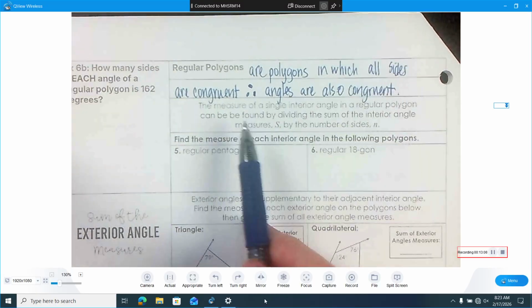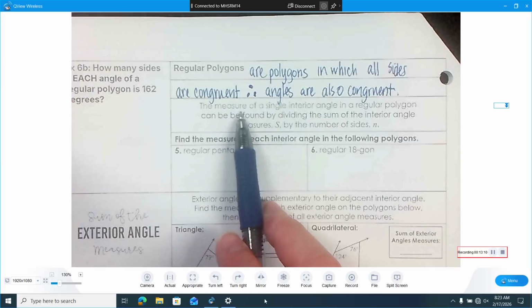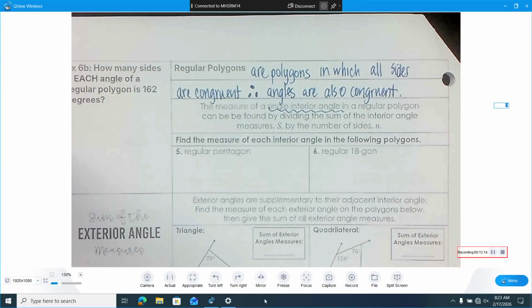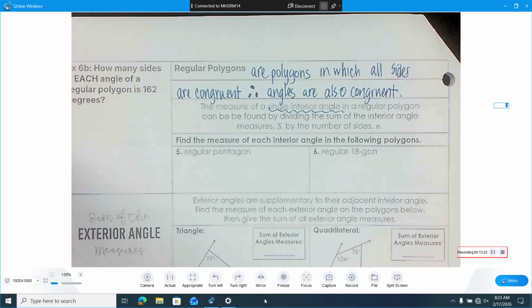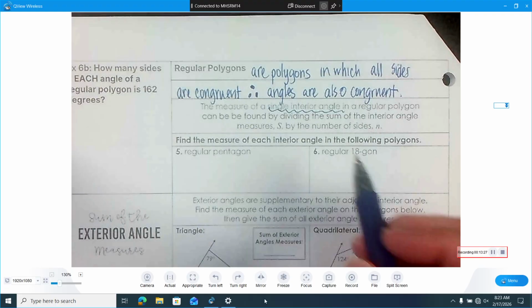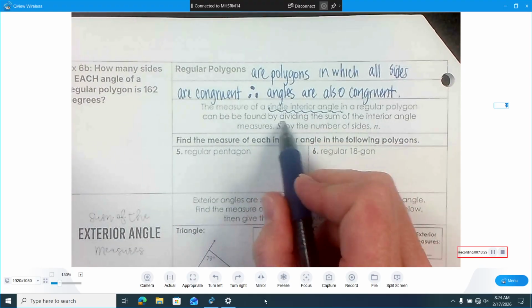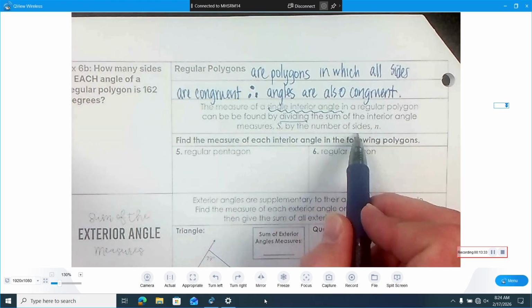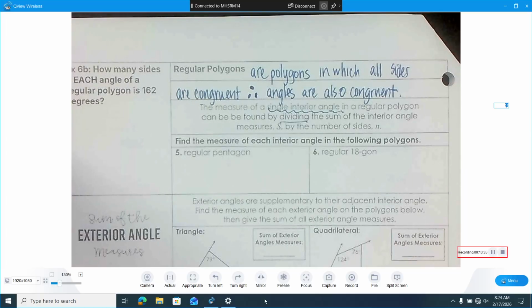And so if we want to find the measure of a single interior angle in a regular polygon, not the sum, not all of them added up, but one angle measure, all we have to do is divide the sum of the interior measures by the number of sides.